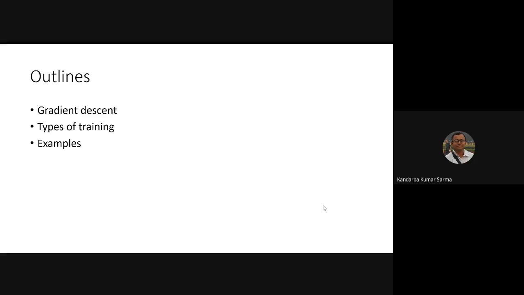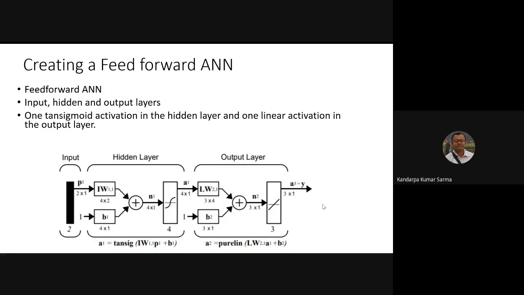So the basic plan of presentation shall be a brief focus on the different training types of gradient descent, then types of training, then a few examples.